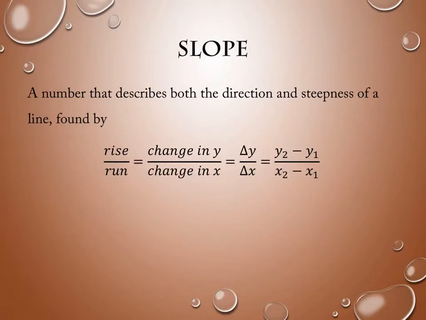The first one is slope. So if you'll remember, slope is a number that describes both the direction and the steepness of a line. When it references direction, it has to do with whether it's positive or negative. Positive means that it's increasing, negative that it's decreasing.